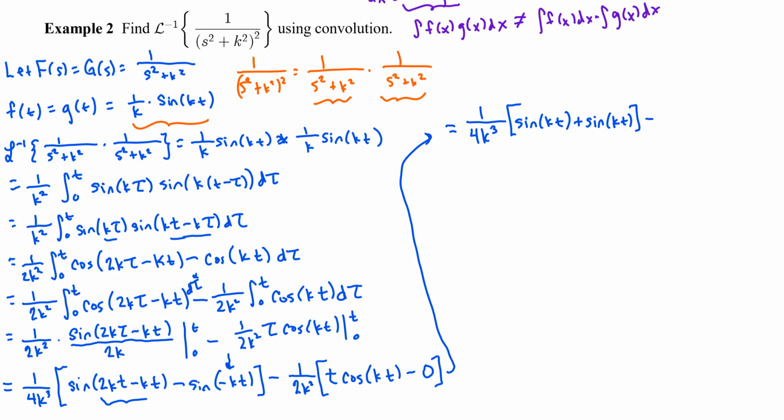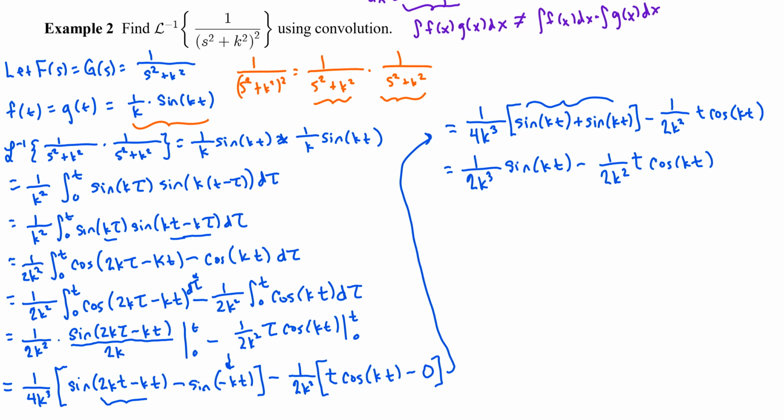And then our second term, 1 over 2k squared t cosine kt. All right, continuing our simplification process, inside here we have 2 sine of kt. We can cancel the 2 with the 4 out here, so we have 1 over 2k cubed sine of kt minus 1 over 2k squared t cosine kt.